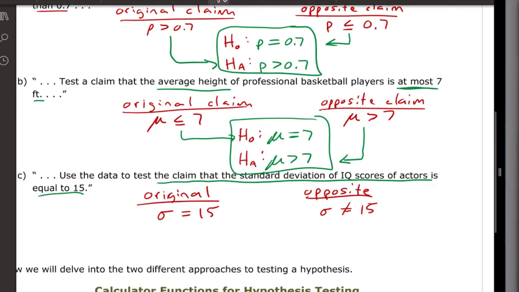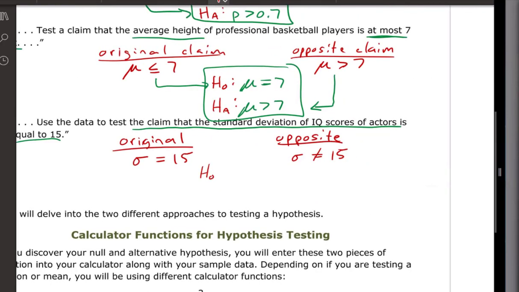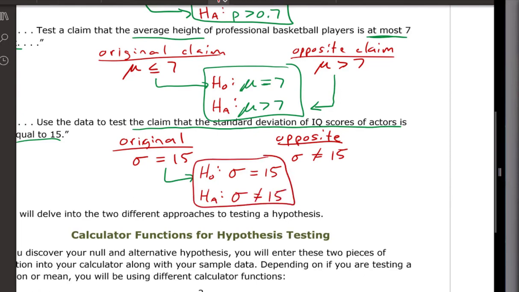And from that, you can set up your null and your alternative. This one is the equal, so that's going to come straight from your original hypothesis right there. And then not equal will be your alternative right there. So that one's a little bit more straightforward than the previous two. But you get the idea.